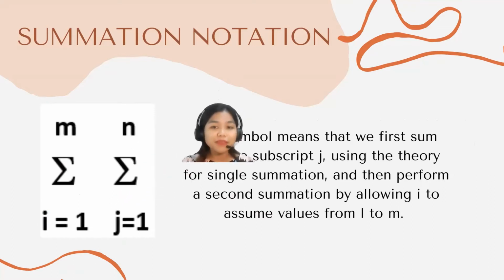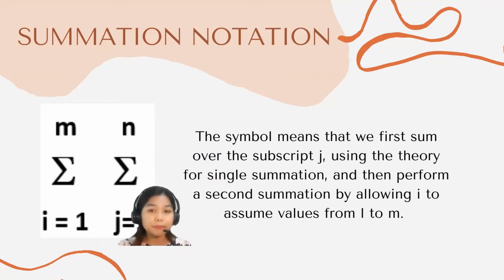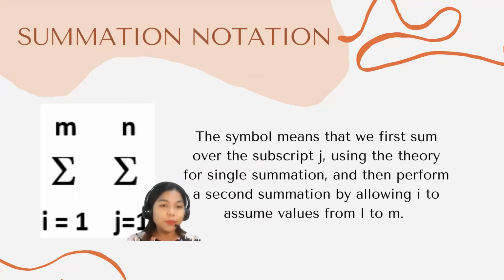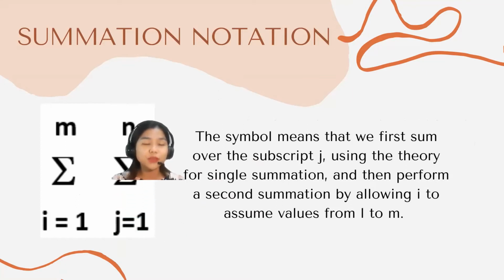So the symbol means that we first sum over the subscript J. So this first summation, we're going to sum over the subscript J using the theory for single summation. So we are actually treating these two individually or separately.